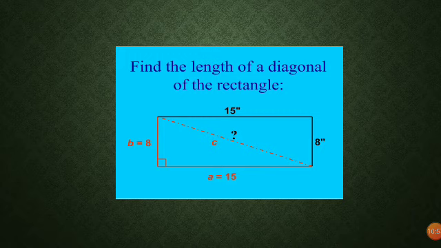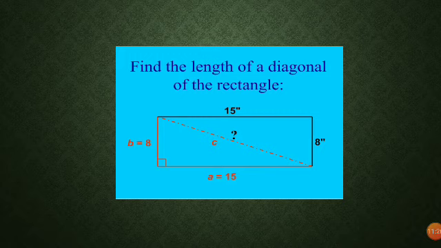Now we find the value of C. A equal to 15, B equal to 8. Already you know that A square plus B square is equal to C square. So 15 square plus 8 square equal to C square.